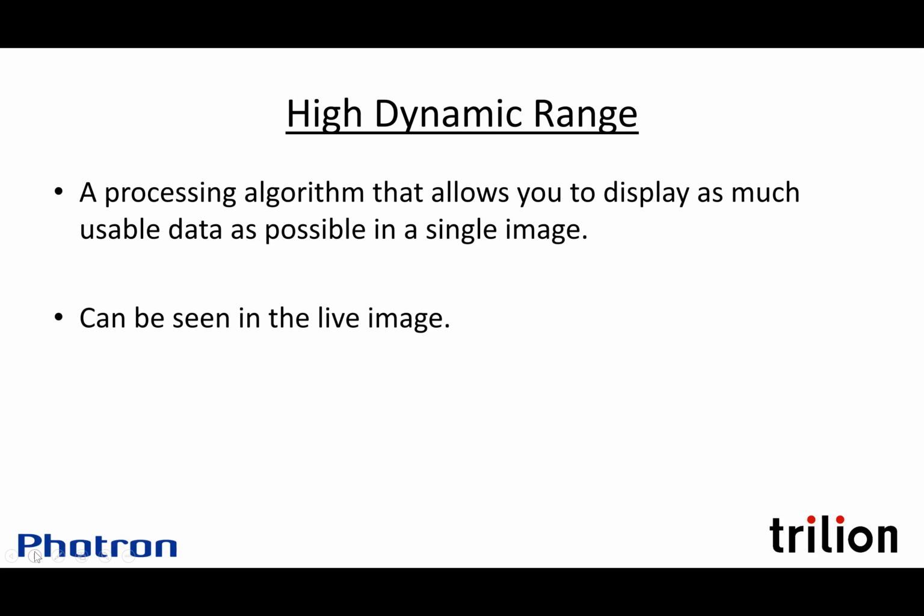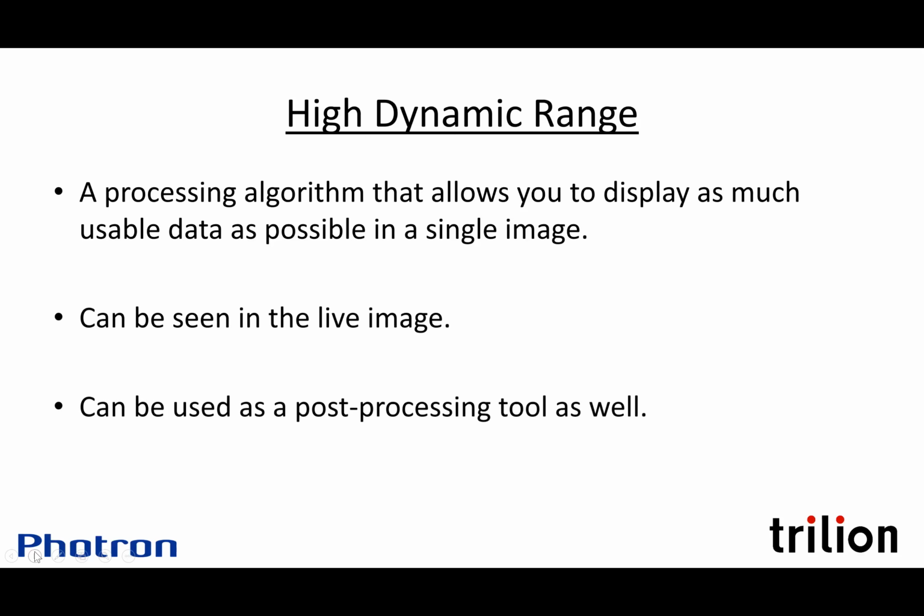You're just seeing data that's already there. Or you can do this as a post-processing tool as well. So for any of you folks that have 12-bit data that you recorded years ago, you can always pull that back into the Photron software, run this HDR, and actually get more data out of that image possibly.